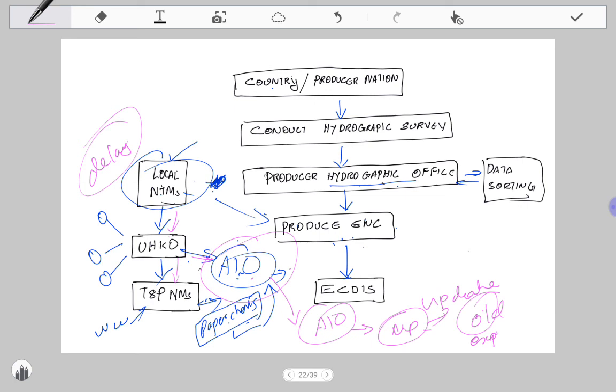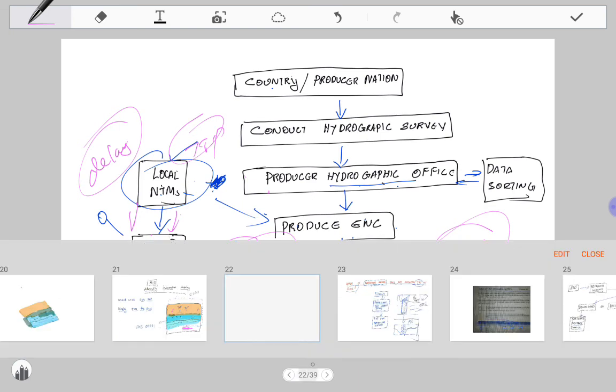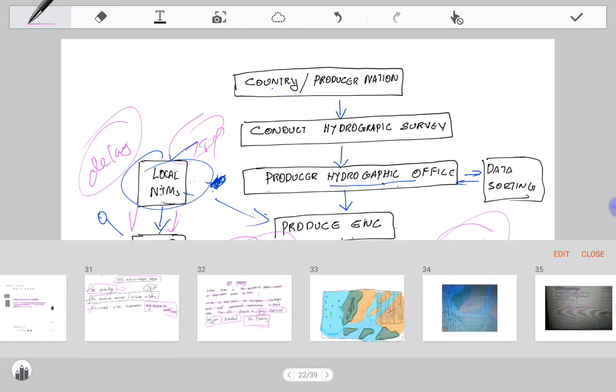Why? Because the local hydrographic office may cancel that TNP, and for that cancellation to reach us through UKHO and the TNP or AIO, it will take another week.